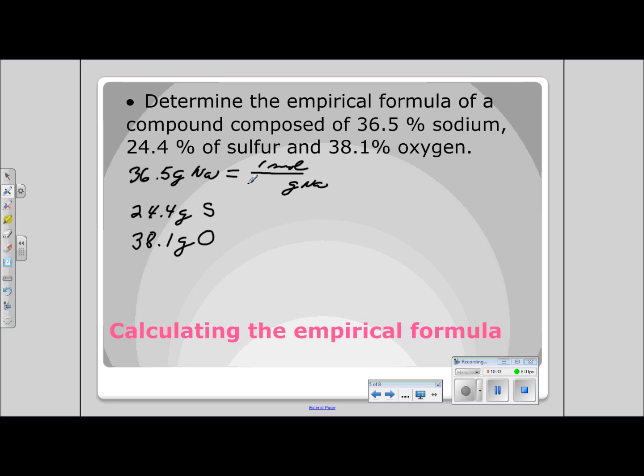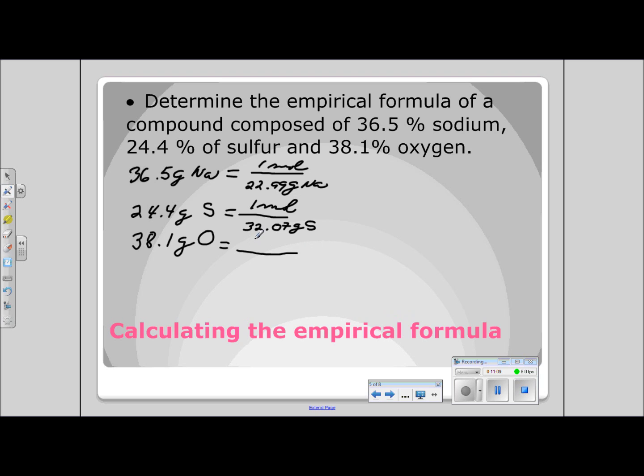All right, so the mass of sodium based on the periodic table is 22.99. Go ahead and find the same for sulfur. 1 mole of sulfur over the mass of sulfur, which is 32.07 grams. That's sulfur. And finally, we have 38.1 grams of oxygen.